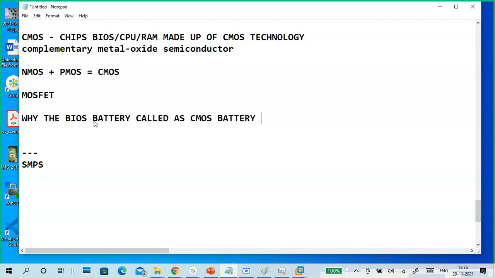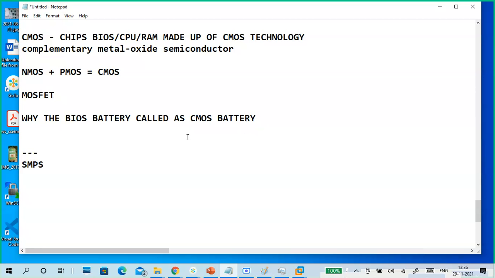If you say lithium battery, give me a lithium battery, they don't give it to you. You have to ask in the market, give me a CMOS battery, then only they will give you one, right? They won't give you a lithium battery directly. I have a computer, I need a battery, that they also don't give. You have to say I need a CMOS battery, but the battery is not made up of CMOS, it is made up of lithium only.